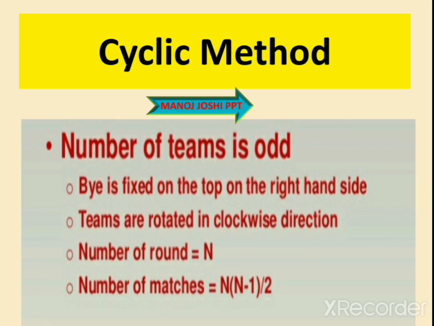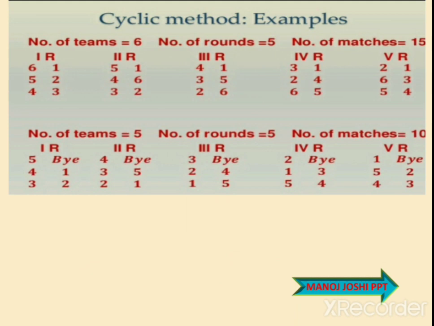Teams are rotated in clockwise direction, it is the same. In case of an odd number, the number of rounds will be n. The number of matches will be calculated by the same formula, n into n minus 1 upon 2, where n equals the number of teams. Now we will see the fixture.